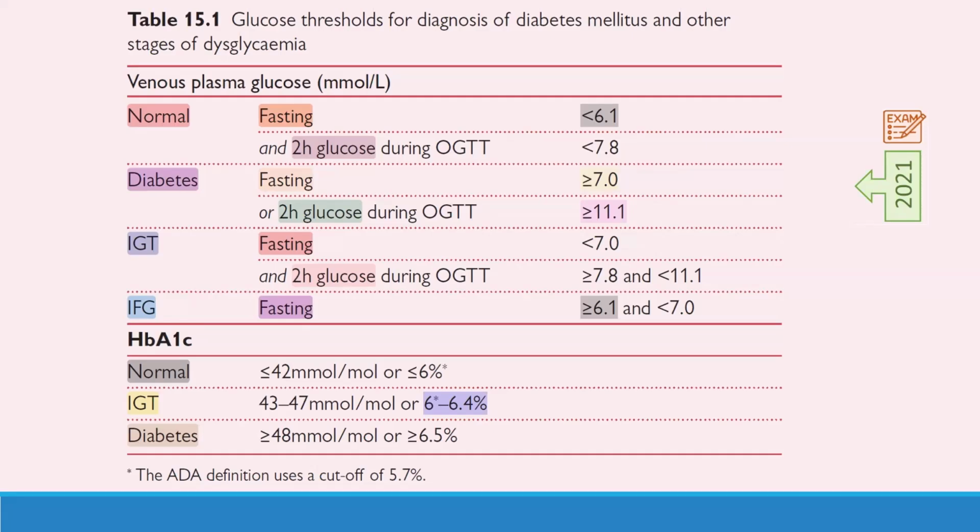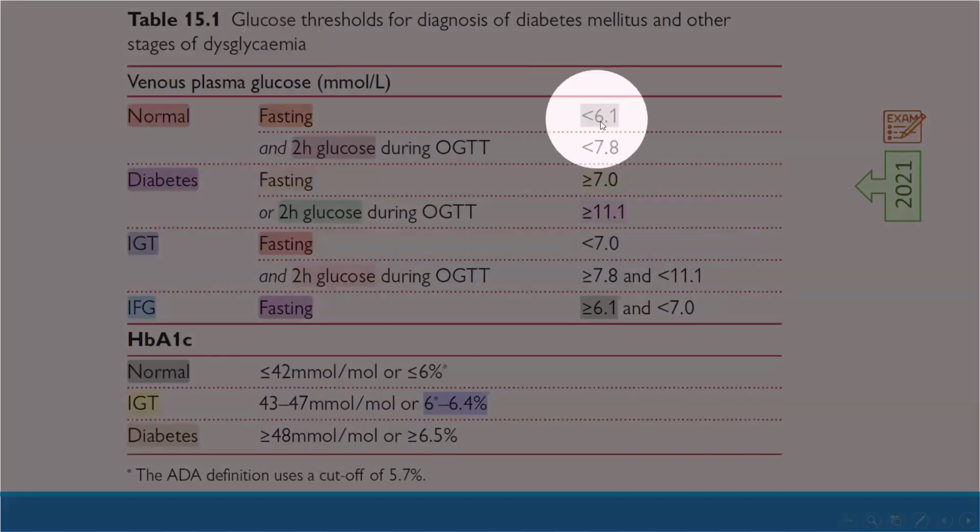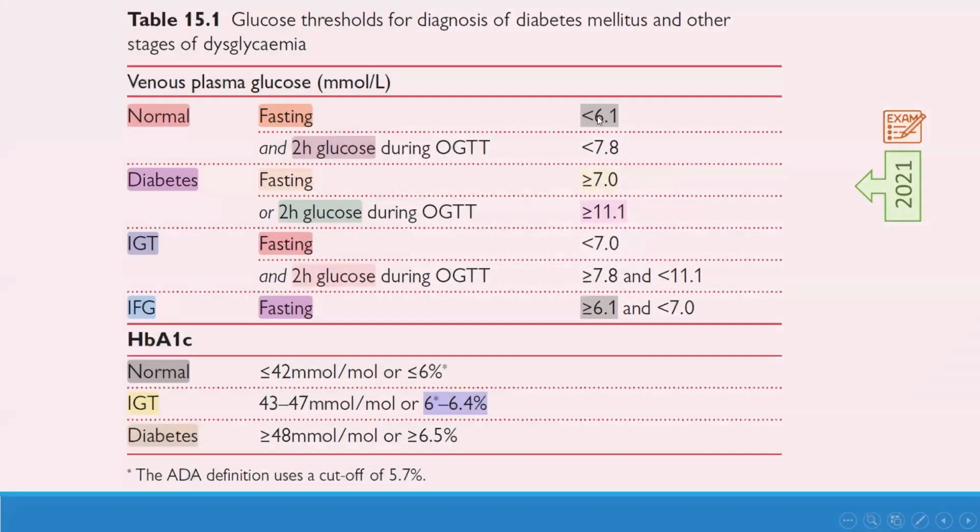As I mentioned, normal fasting is less than 6.1, this is WHO and NICE. Normal 2 hours is less than 7.8. A diabetic with diagnosed diabetes has fasting more than 7 and 2 hours more than 11.1. And of course, in between these values, if fasting is between 6.1 and 7, it is impaired fasting.